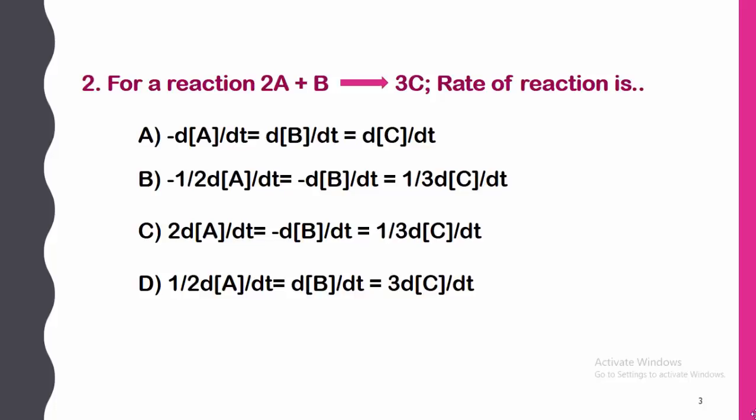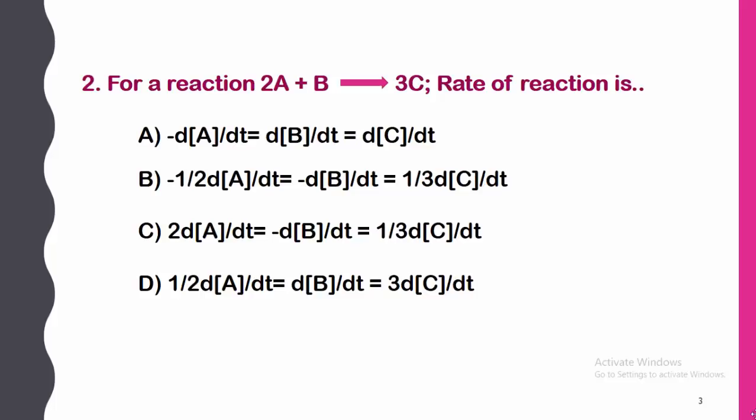So 2A can be written as 1 upon 2. From the four options, with 1 upon 2 of the concentration of A, we have only two options, B and D. But in D there is a positive sign for B, so the answer is B: minus half dA upon dt equals minus dB upon dt equals 1/3 dC upon dt.